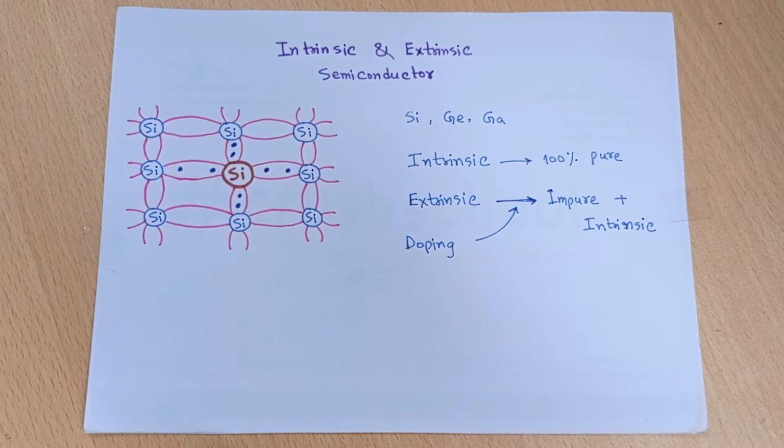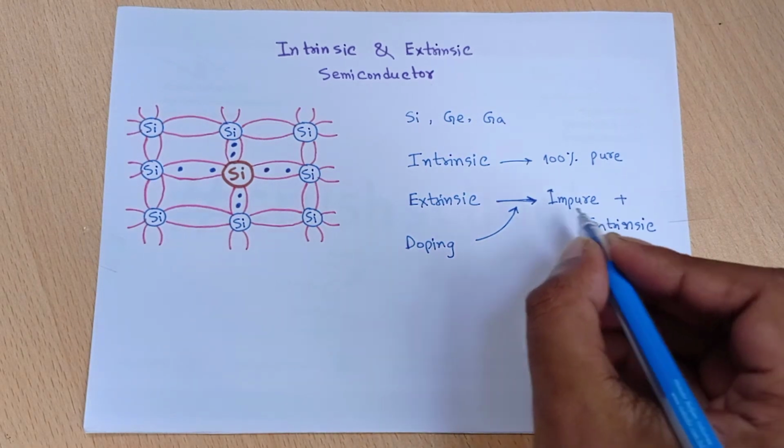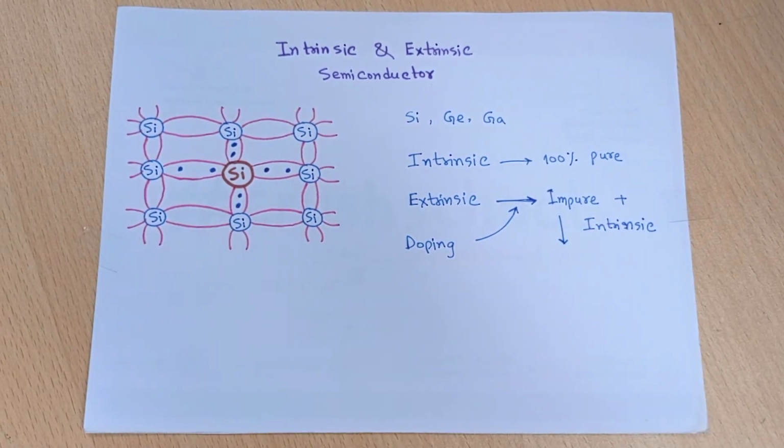Okay, so there is another very important point, which is the impure material. The question is which type of material we use to make this extrinsic semiconductor.